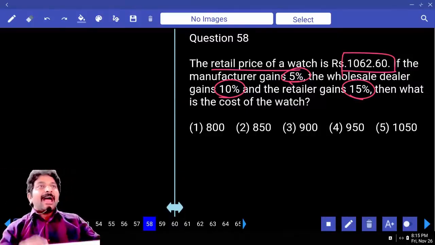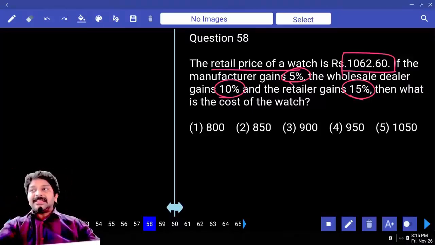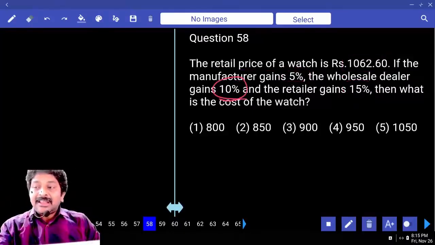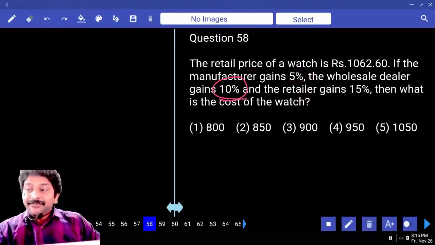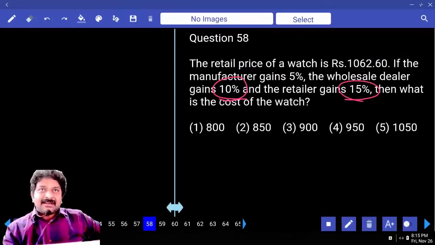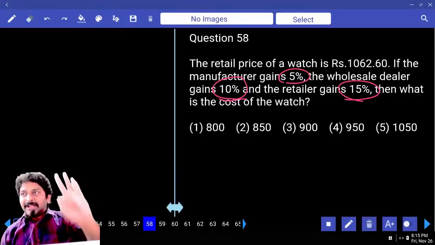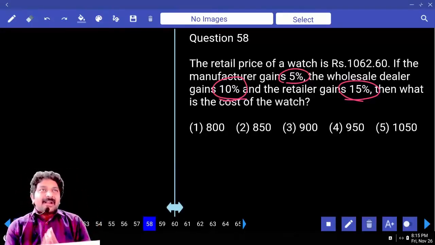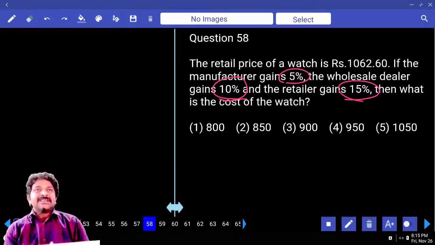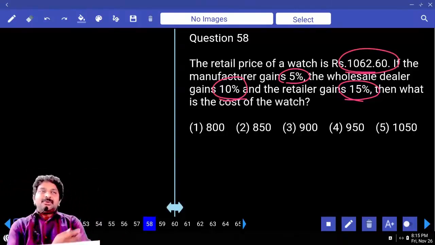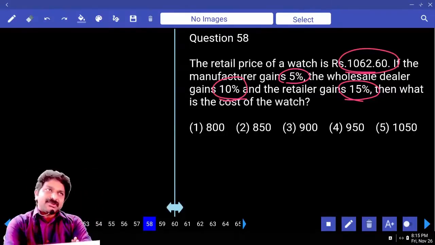Actually it should be more than 30, because we should calculate 10% on increased number and 15% on increased number. So far if I directly consider these numbers, it is coming to 30%. So for now I'll consider it as after 30% increase, value is coming to 1062 approximately.